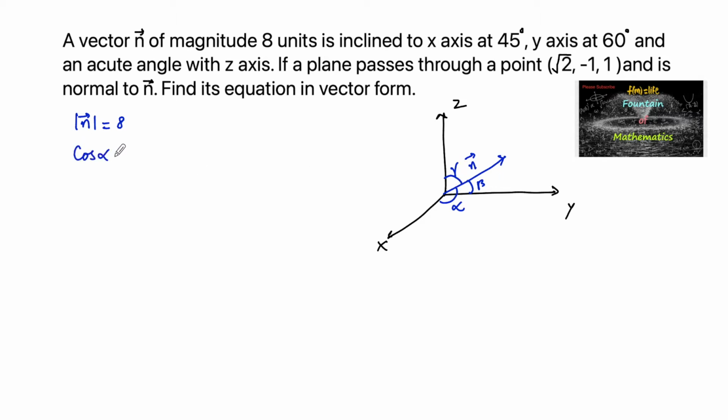Cos alpha, with respect to the x-axis at 45 degrees, is cos 45, which is 1 upon root 2.